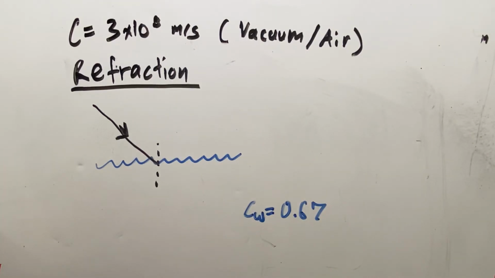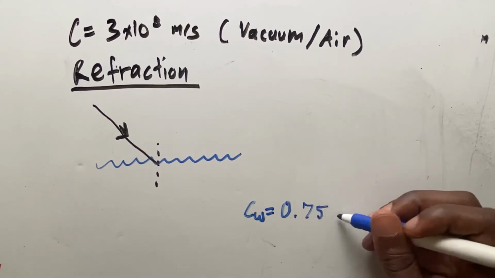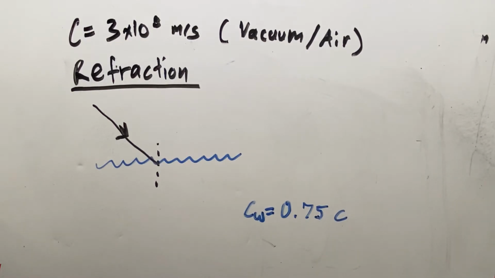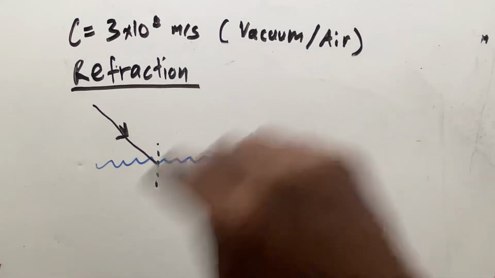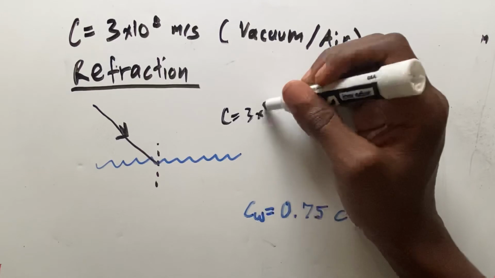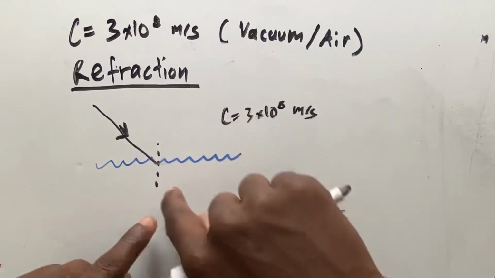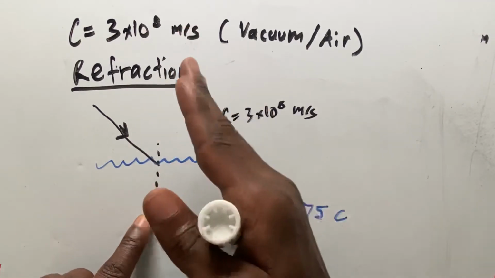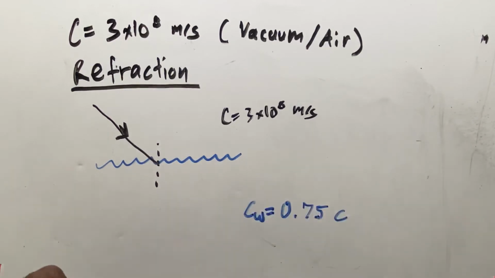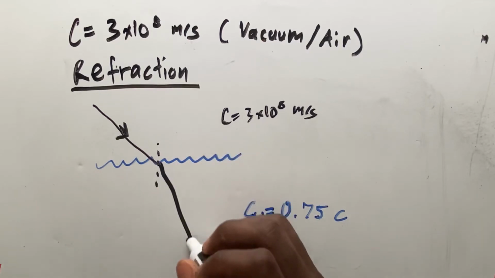Let me check. 0.75 times C. So up here, it's traveling at the speed of light, 3 times 10 to the 8 meters per second. Once it passes through this water, the water is going to bend it because it's now traveling even slower. So the light's going to bend and travel in this direction.